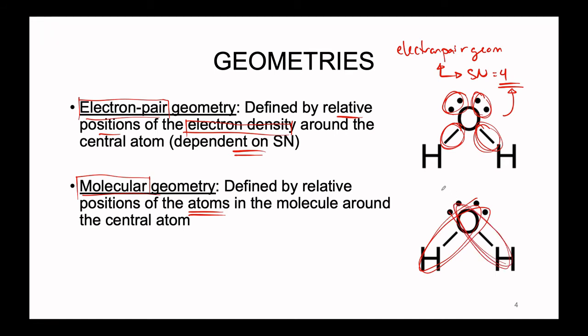Again, these lone pairs up on top are helping to push the hydrogens down because the lone pairs need space. However, electrons are very small. Even if we could see atoms, the electrons themselves would be so tiny we wouldn't be able to see them. So really what we're looking at is the geometry of the bonding pairs, the geometry of where the bonds can be and exist inside of a molecule.